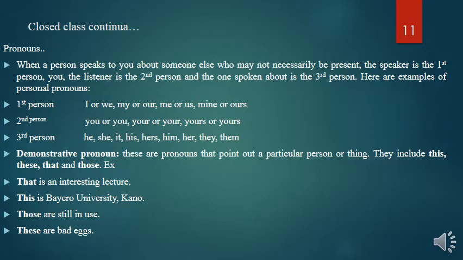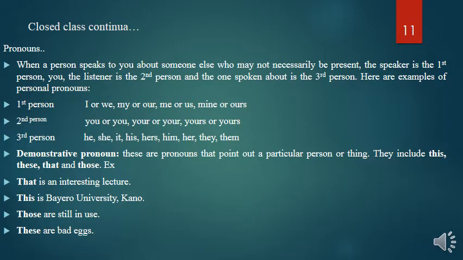So the singular and plural are all you. Your is also singular and plural. The third person is he, she, and it. His, hers, him, her, they, also third person, in the subject and the object form.